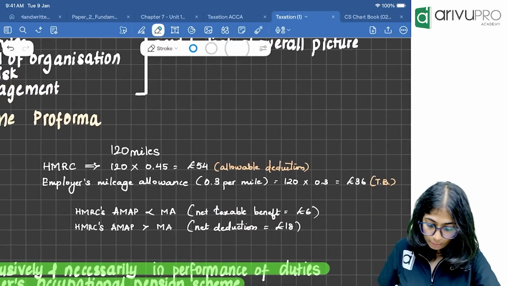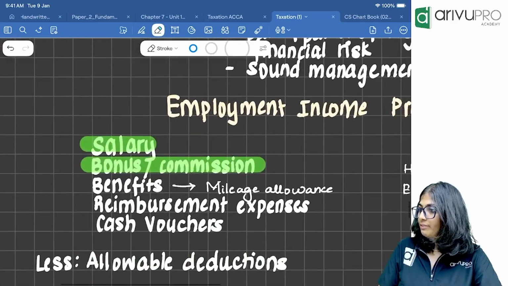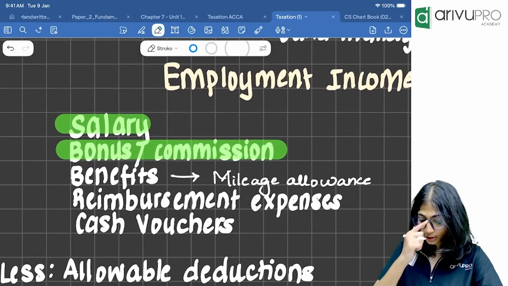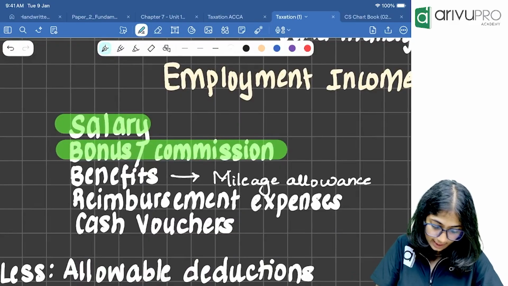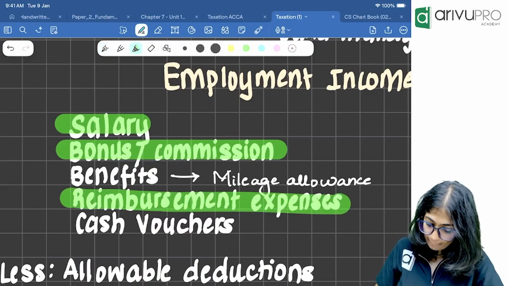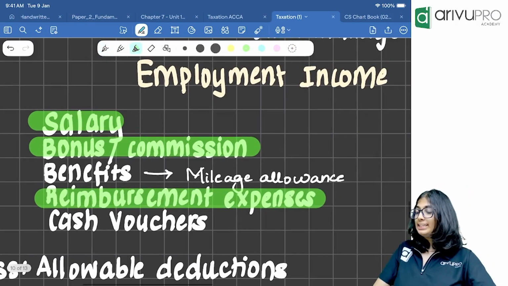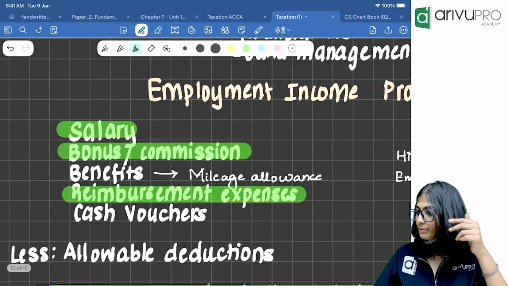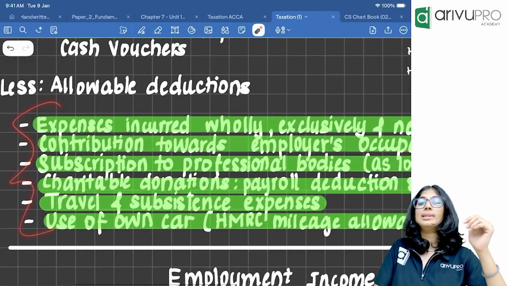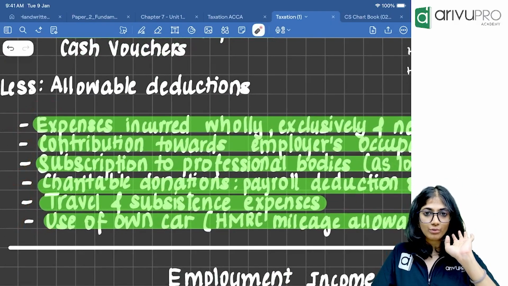Now, we had looked at almost everything. We have benefits, reimbursement expenses and cash vouchers. We had also looked at reimbursement expenses. Reimbursement expenses is also very simple. The only thing you need to keep in mind is anything that you claim a deduction for, you can only get one of the following.